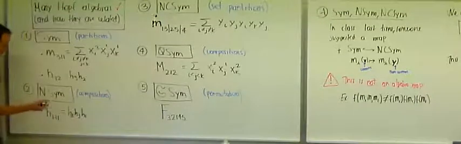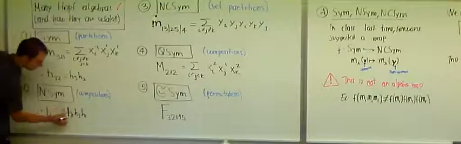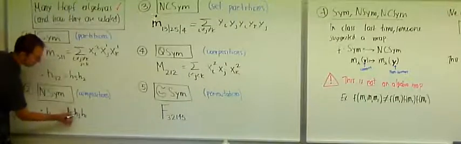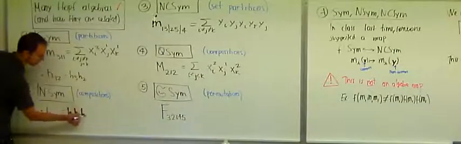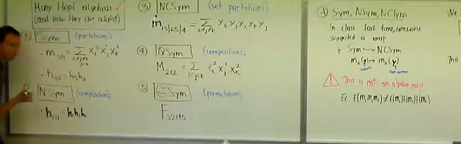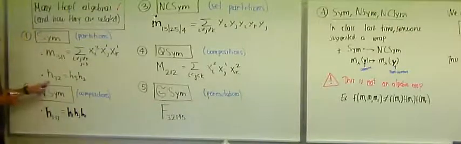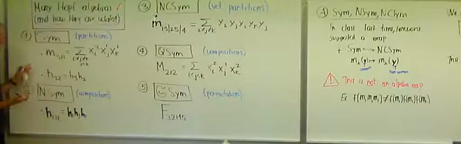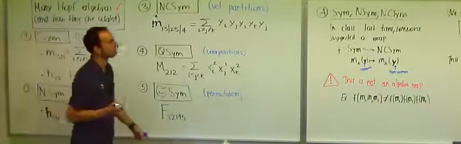And here, again, I meant to write these as bold h's because even though it's customary to use the same letter, it's a little bit unfortunate because they represent different things. So let's make bold h's be the ones that don't commute, and non-bold are the ones that commute. And then I can write a similar map from here to here that just forgets that the h's don't commute.